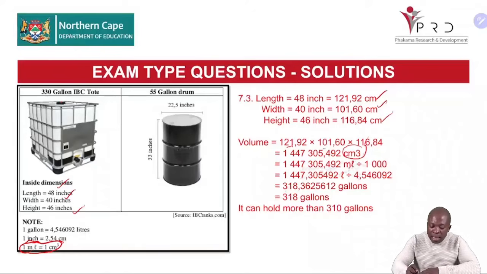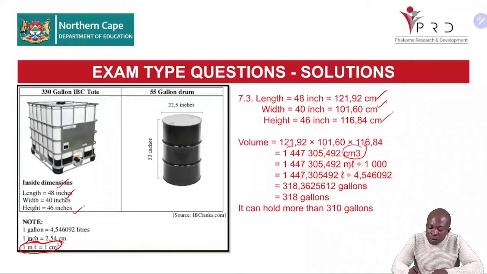So now we are here. To change from milliliters to liters, we divide by 1000. Remember, King Henry died a miserable death called measles, that we did initially. Yes, we bring it here. So we divide by 1000. Now our answer is 1447.305492, but it's now in liters.